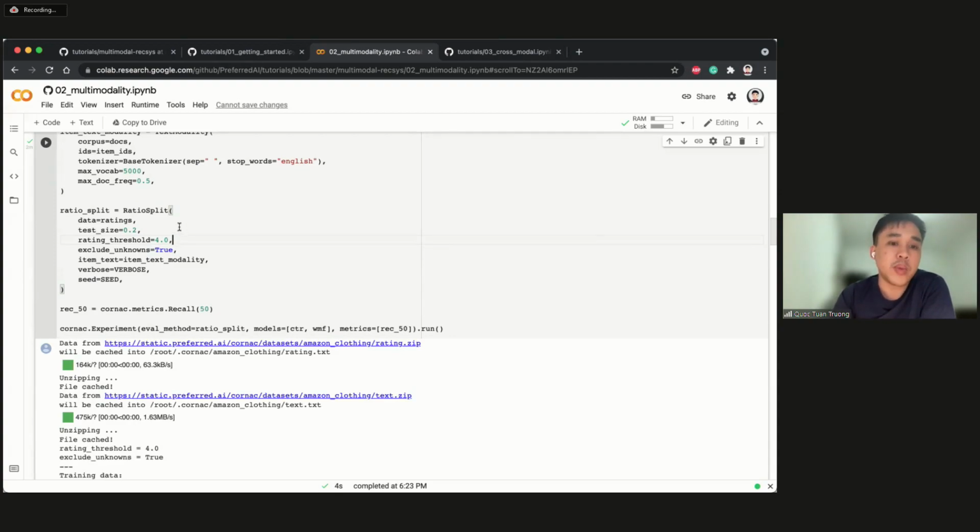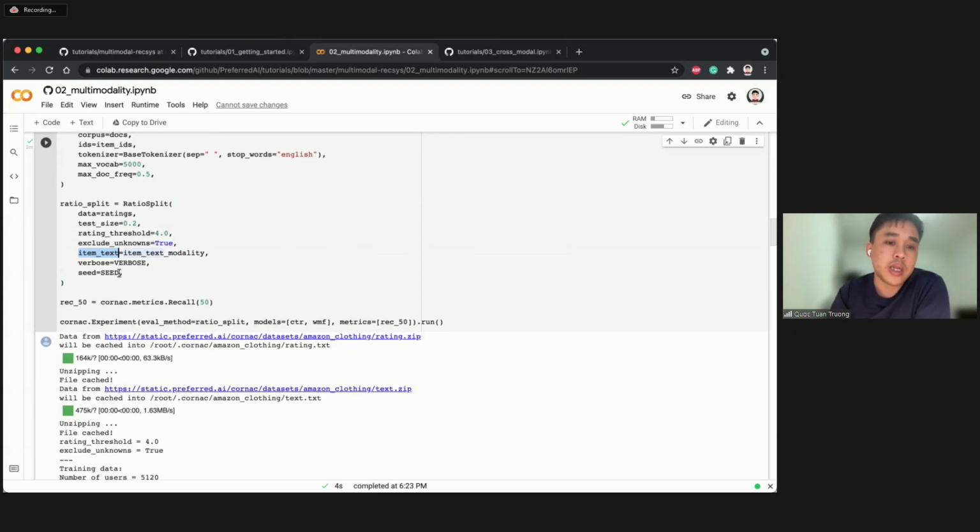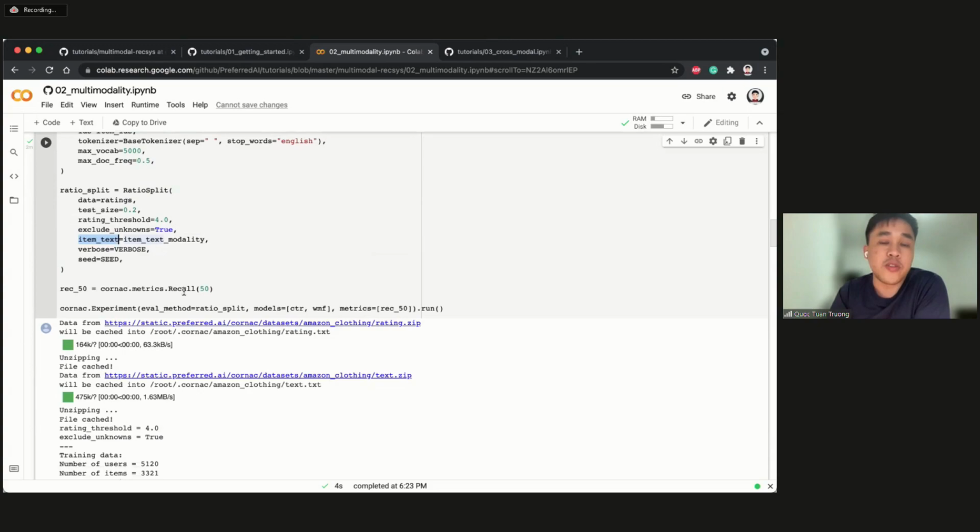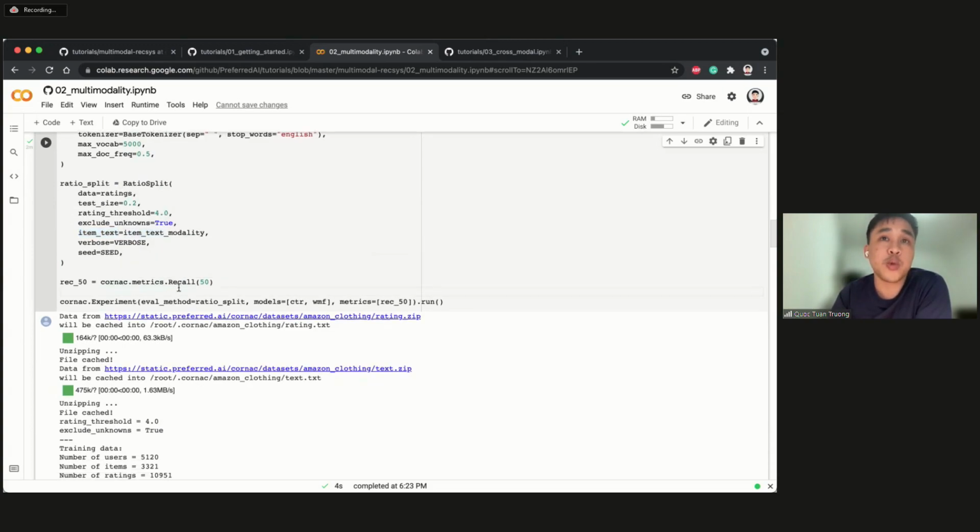Then we need this hyperparameter. When we construct the ratio split, we just input the item text modality here and specify that it's item text, right? So those models that actually model the item text can get access to this. All right, and then we measure the performance by recall at 50. After we declare everything, we put everything together inside an experiment and then run the experiment.